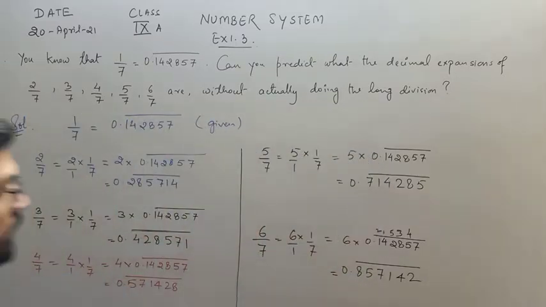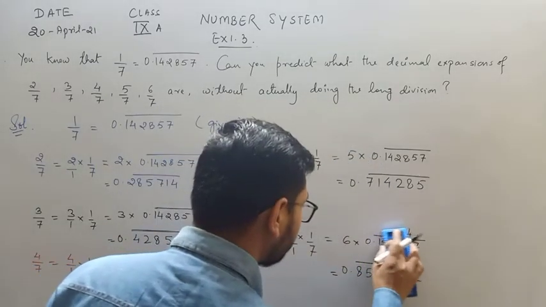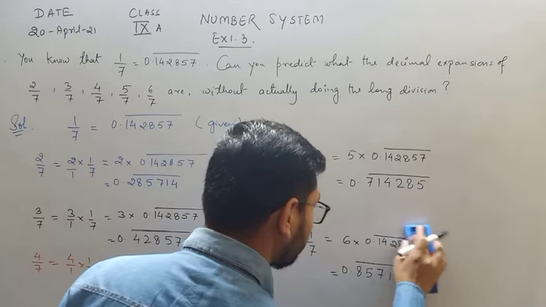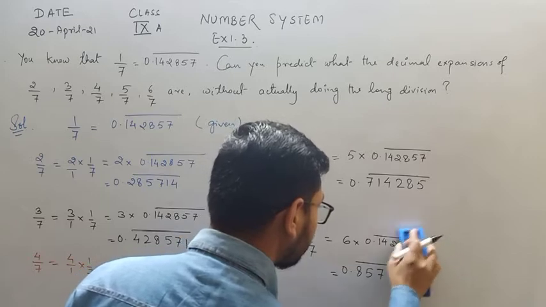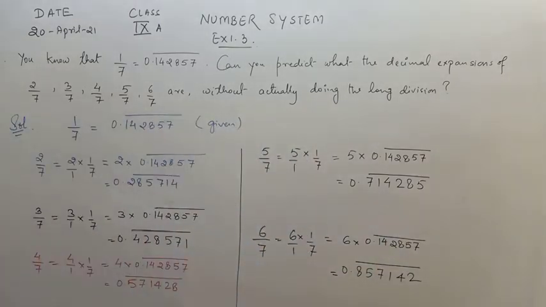This will be the decimal expansion of 6 upon 7. So I think this is a very easy question. You just need to multiply the value of 1 upon 7 with 2, 3, 4, 5 and 6 and you will get the answer. Please note it down fast.